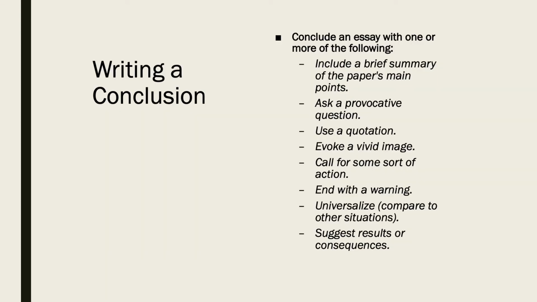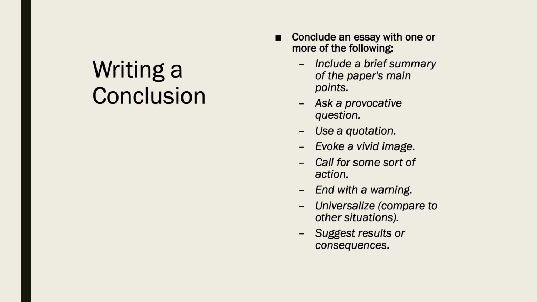Here are some ideas that you can use to get started with writing your conclusion. Include a brief summary of the paper's main points. Ask a provocative question. Use another quotation. Evoke a vivid image or tell another strong story that's going to capture the reader.